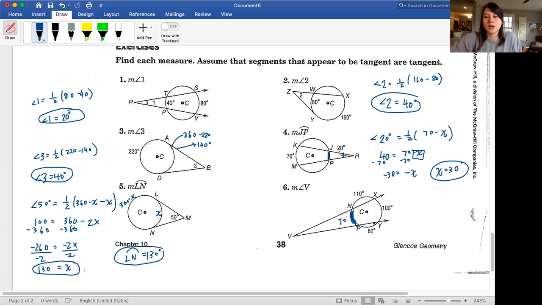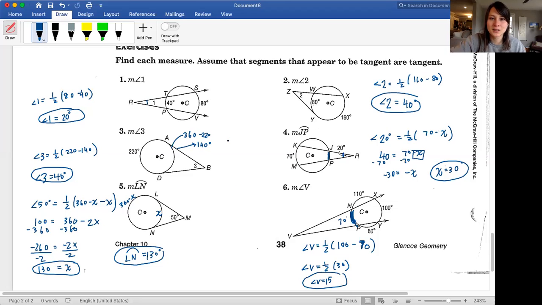Okay, so now we can work this out. Angle V equals 1/2 of 100 minus 70. And so you have 1/2 of 30 degrees, which is 15. So angle V is 15.